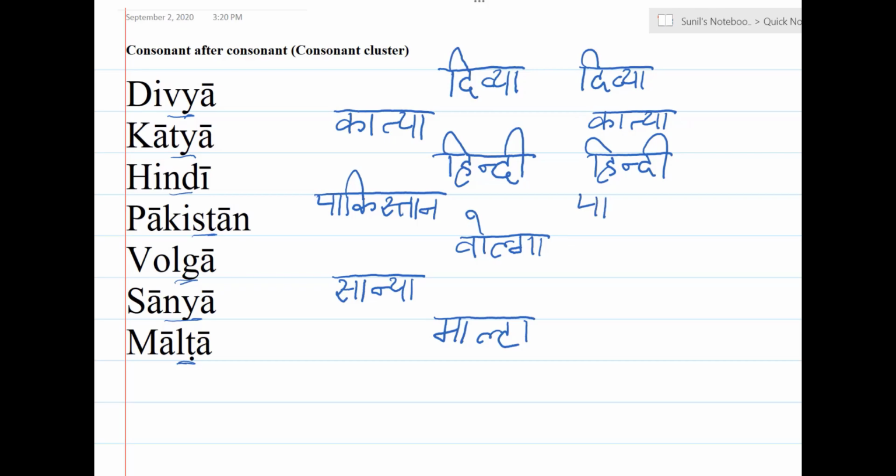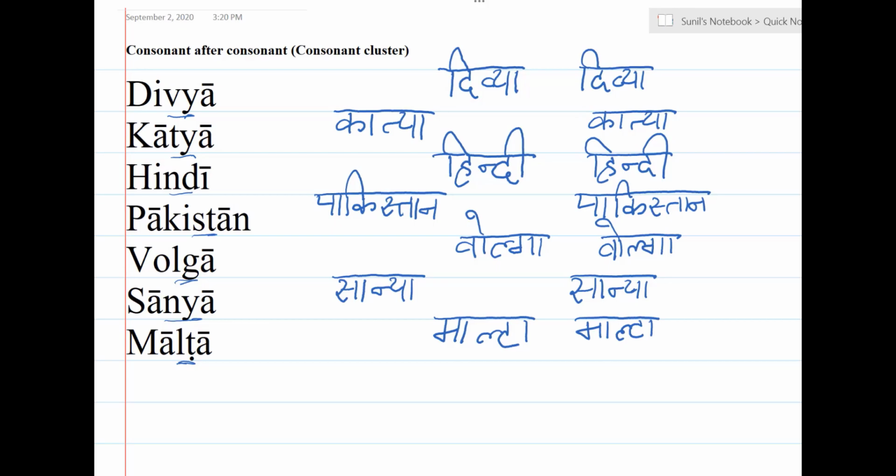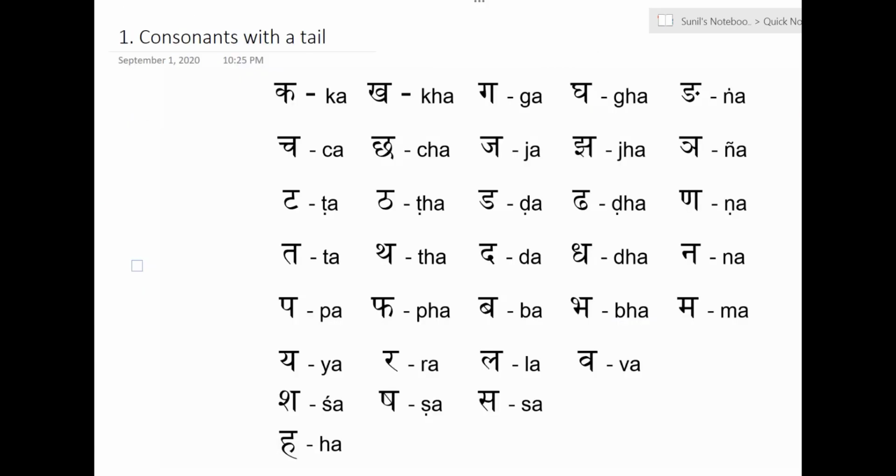Pakistan, pa ki stan. Volga, vo lga. Sanya, sa nya. Malta, ma lta.